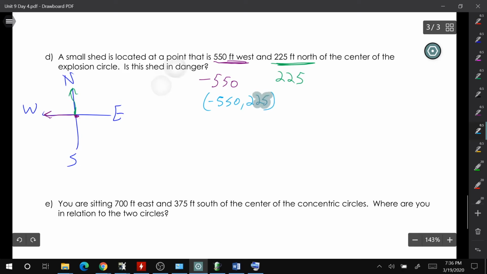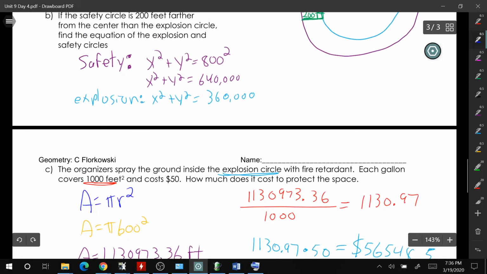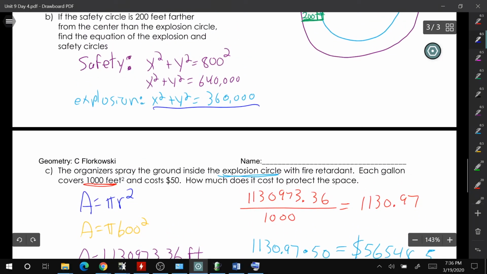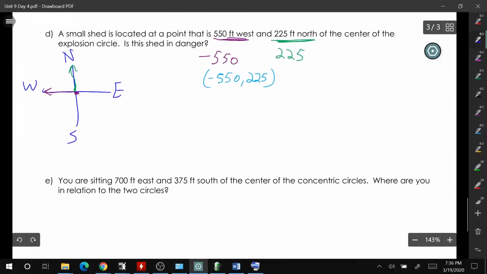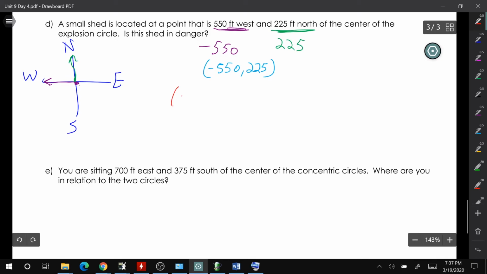We're going to plug this into the explosion circle equation and see if this point is inside or outside the circle, kind of like the cell phone tower problem. So the explosion circle equation is this one up here: x squared plus y squared equals 360,000. So in my calculator, I'm going to do negative 550 squared plus 225 squared.